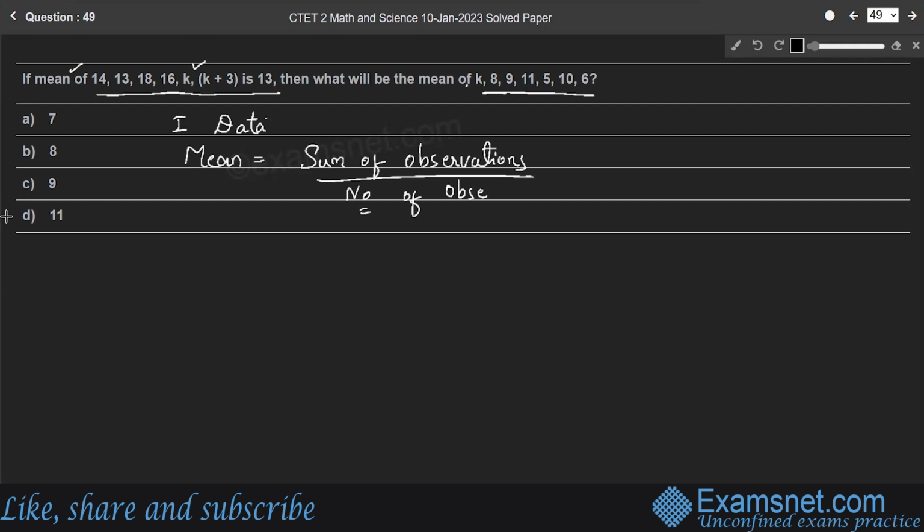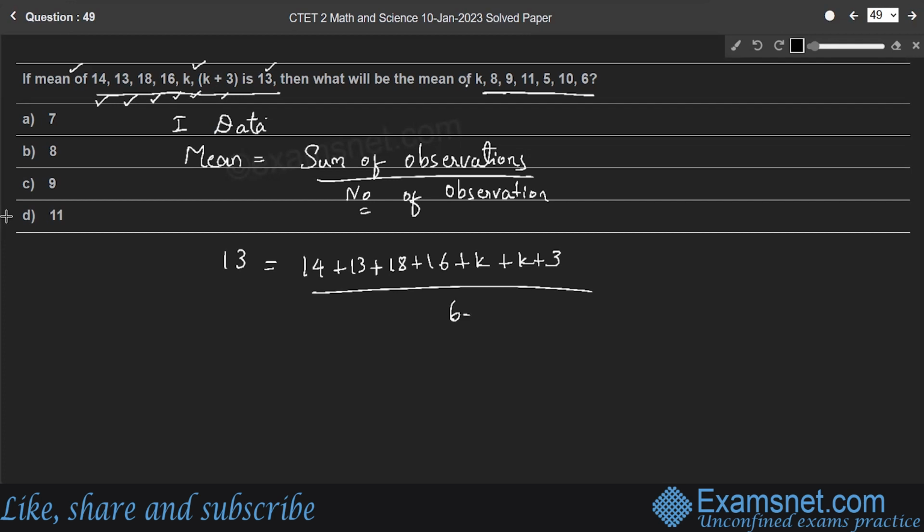So in the first data, mean 13 is equal to the sum of all observations, 14 plus 13 plus 18 plus 16 plus k plus 3, whole divided by how many observations are there in the first data? 1, 2, 3, 4, 5 and 6 observations, right?